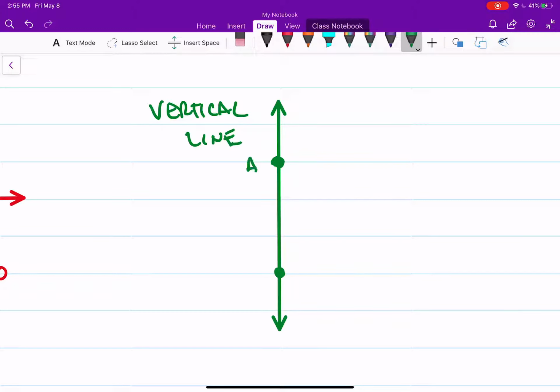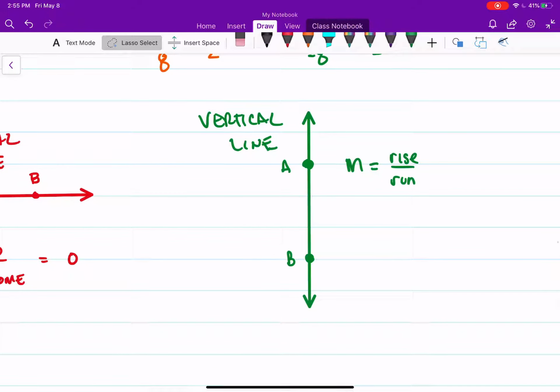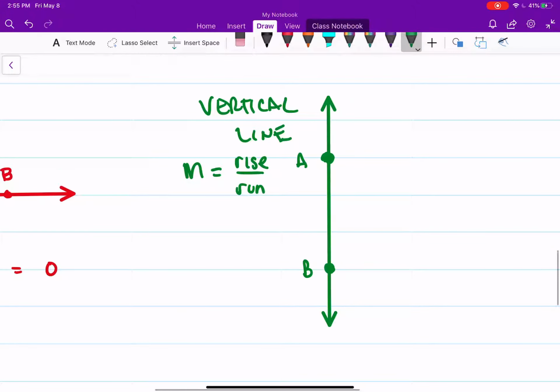So let's call it A and B. So if the slope is still rise over run, let's take this, put this over on this side. Okay, so it's rise over run. From A to B, how much did I rise? I rise something. I don't know what because I'm not on graph paper, right? Some. Over, how much did I run? None. And what happens if you put this in your calculator? The slope will be undefined, okay?